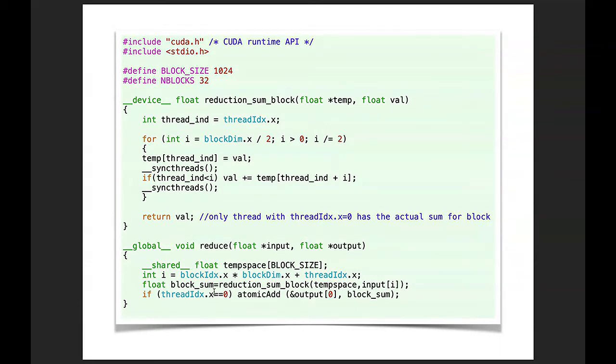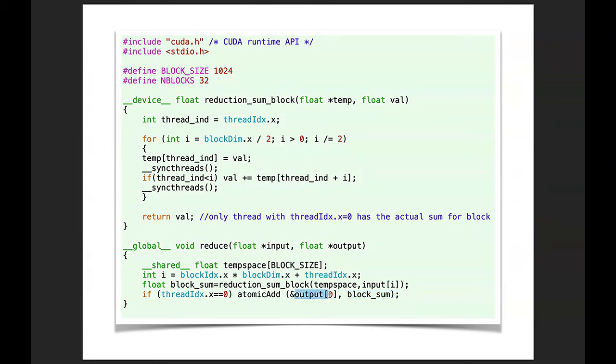So the final step is I need to add these numbers together, and here I use a function atomic add. In each block, there's a thread which has ID 0, only one thread per block, and this thread will run this line of code where it takes its partial sum and atomically adds it to the output value.